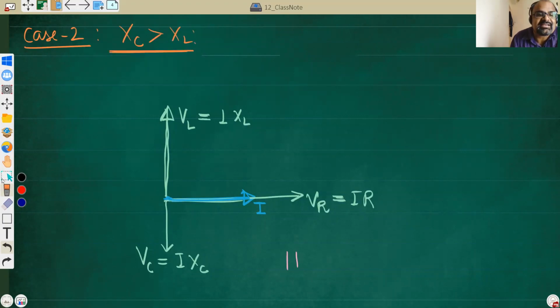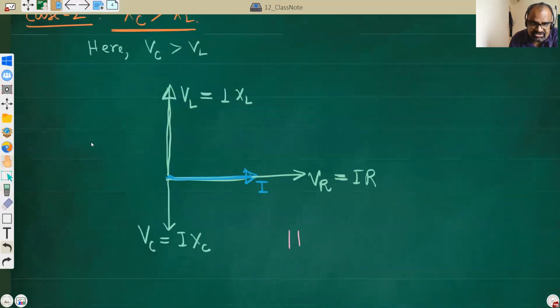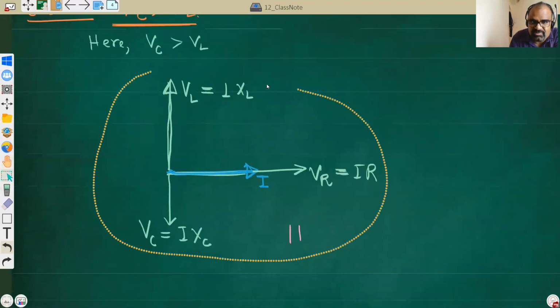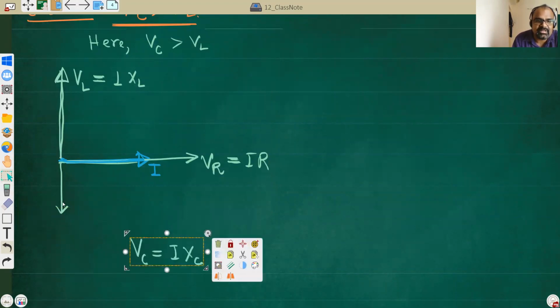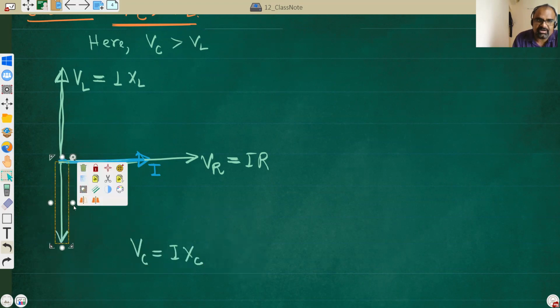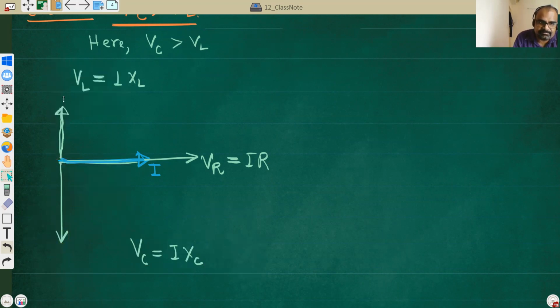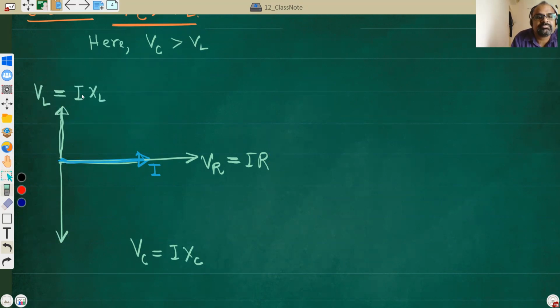Now, if XC is greater than XL, then here VC will be greater than VL. So this phasor diagram will completely change. Even though I have copied this phasor diagram, actually it will be different. The difference will be that this arrow will be bigger and this arrow will be smaller. Any problem? Because VC is greater than VL, because XC is greater than XL.